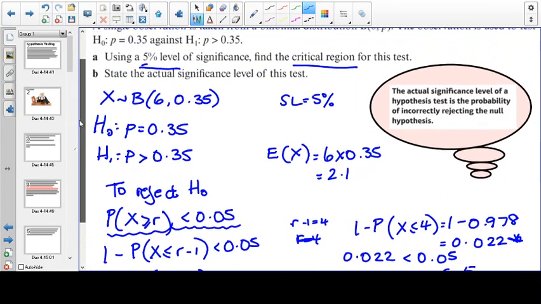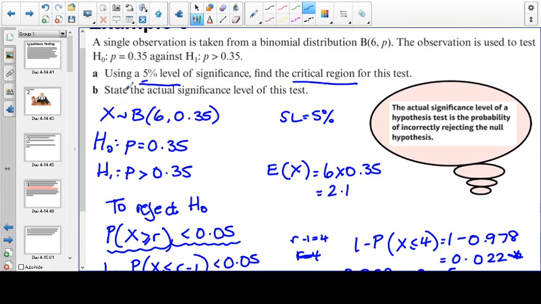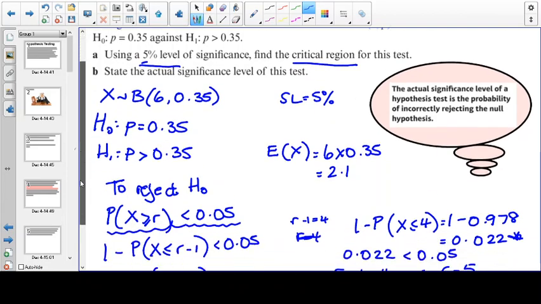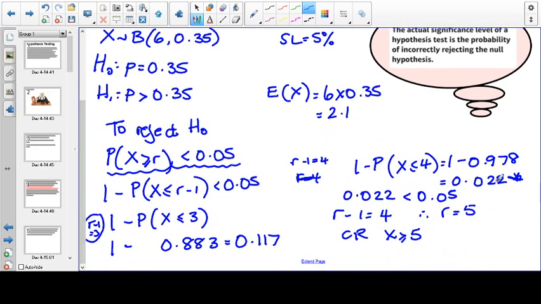Okay, now it does say state the actual significance level of the test. So we've tested a 5% level of significance. 5% level of significance means that you are 95% confident that if you were to reject the null hypothesis, it is not true. Okay, the actual level of significance comes from here.